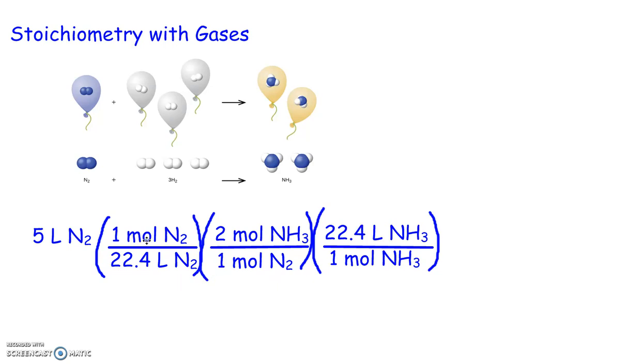And we've used this 1 mole is equal to 22.4 liters of any gas. But we need to remember that that's only at standard temperature and pressure. So when we look at the units canceling on this, we have liters of N2 canceling, then moles of N2 canceling, moles of NH3 canceling, and I have the liters of NH3.